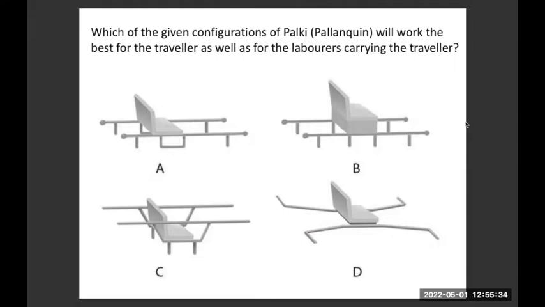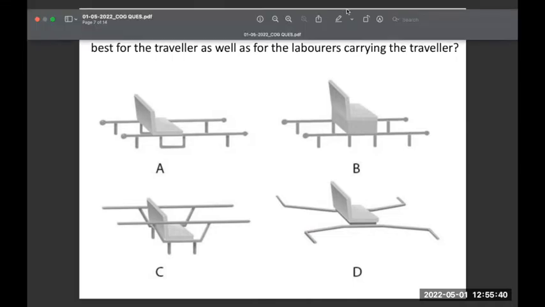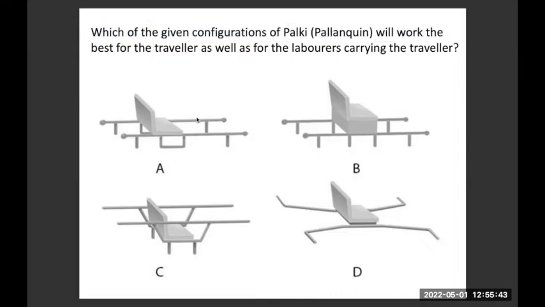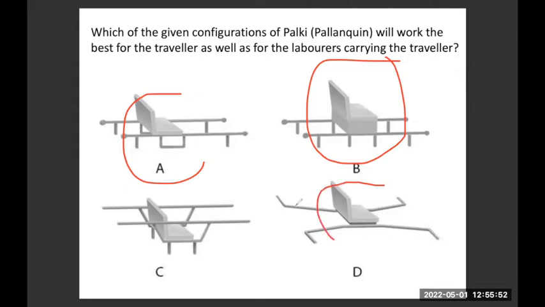In a palki, if the seat is raised and laid on the bar, there is some instability, like one can see in option A, specifically in option B and in option D. There's some kind of instability that the person who sits in the palki experiences, because of course there is no hand rest, no hand protection or hand support, which one can see in option C. When there is something to hold on to, you feel more safe, more comfortable sitting on it.